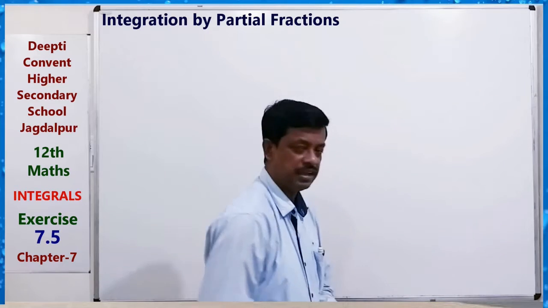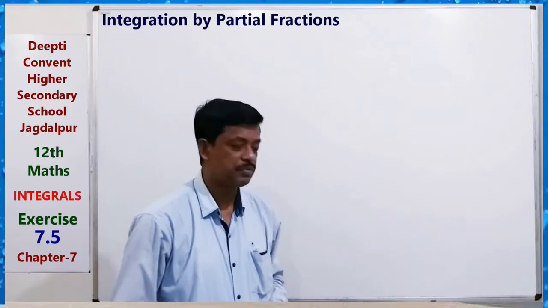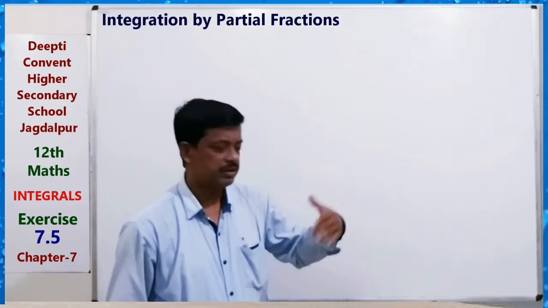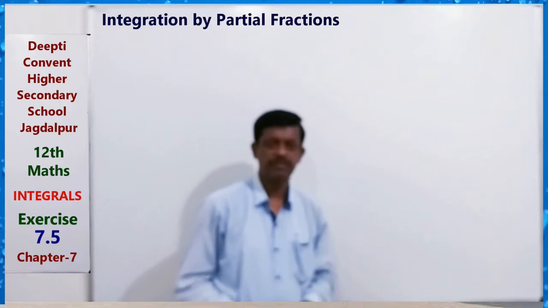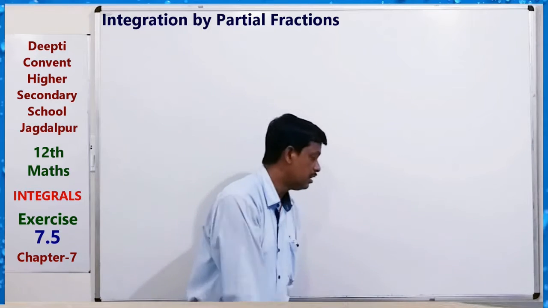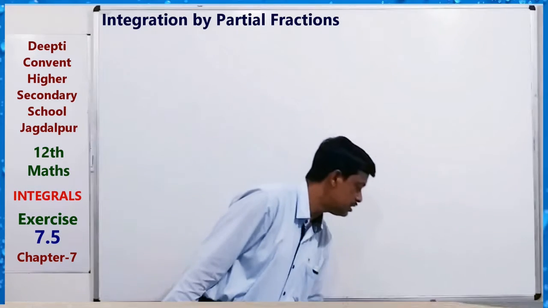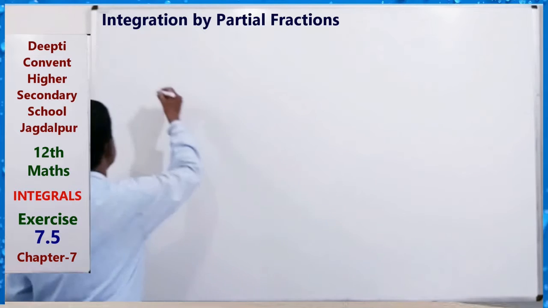Suppose, taking questions one by one from exercise 7.5, we can understand the method of factorization and partial fraction. Okay, so first of all, take question 1 of 7.5. The question is the first question, solution.